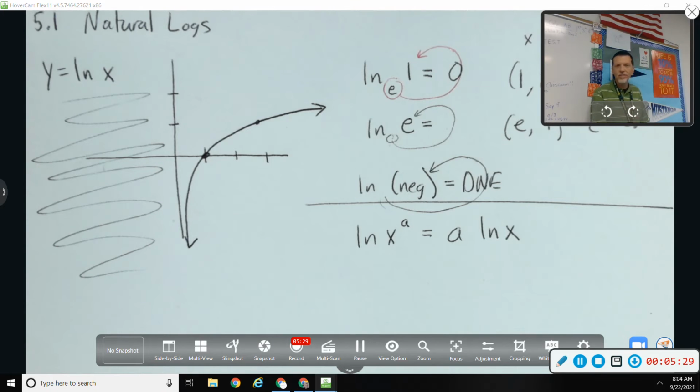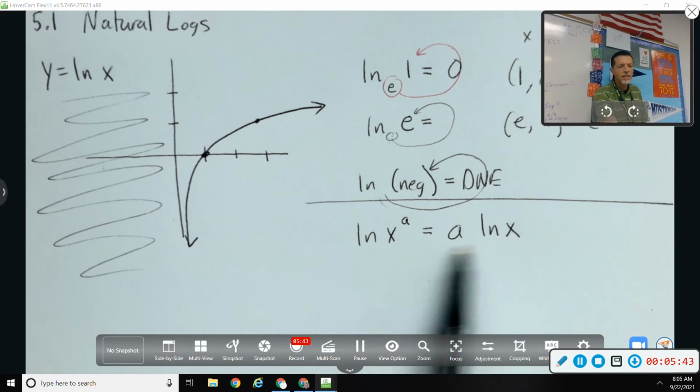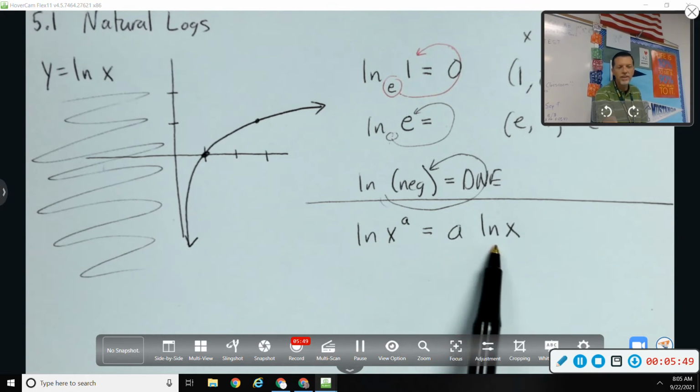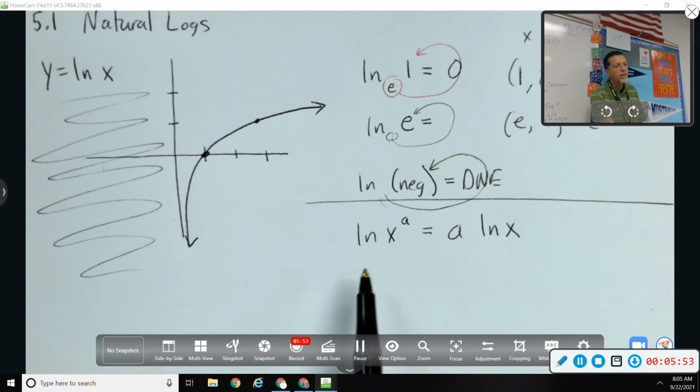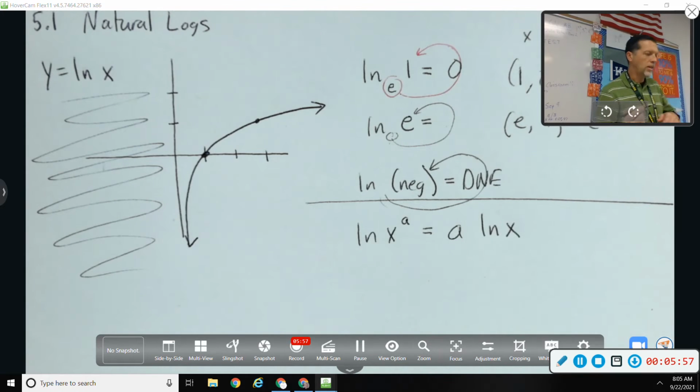This is still like algebra and pre-cal review. And like some of the previous stuff, sometimes it helps to do the algebra steps first because that makes the calculus easier. Even though we don't know how to take a derivative of this yet, you can see that using this property makes it a simpler problem, and so it will probably make its derivative a lot easier. So this is another place where you can sometimes do algebra first to make your calculus a little bit easier.